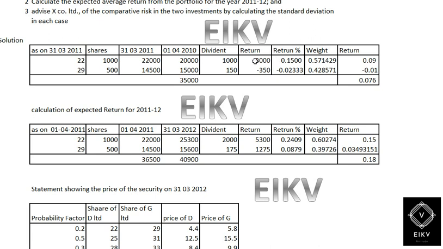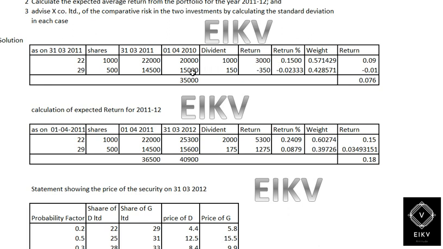The return will be the dividend plus the capital appreciation. The capital appreciation would be 22,000 minus 20,000, the market price on 31/3/2011 minus the cost on 2010, which gives a total of 3,000.